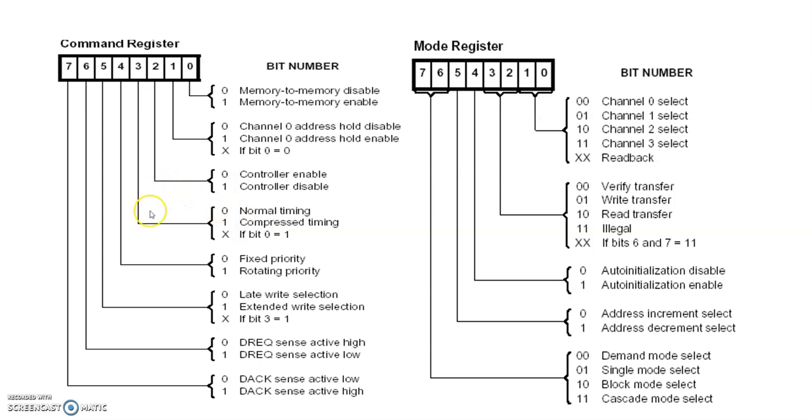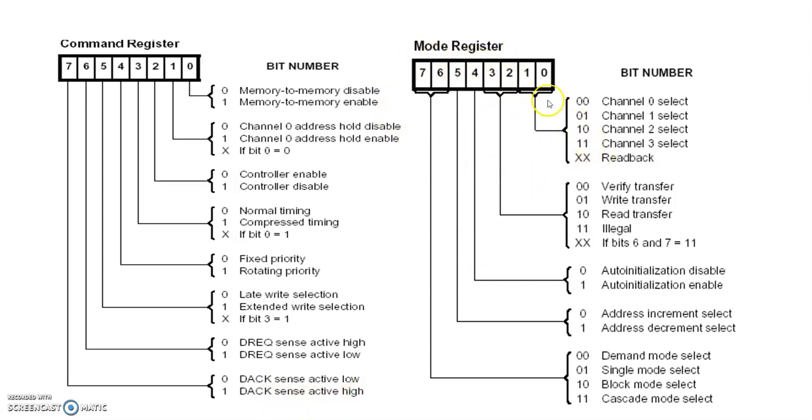The next, 0 means normal timing, 1 means compressed timing. The next is fixed priority or rotating priority. The next is late write selection or extended write selection. The sixth one is DREQ sense active high or active low. The seventh one is DACK sense: 0 means active low, 1 means active high.